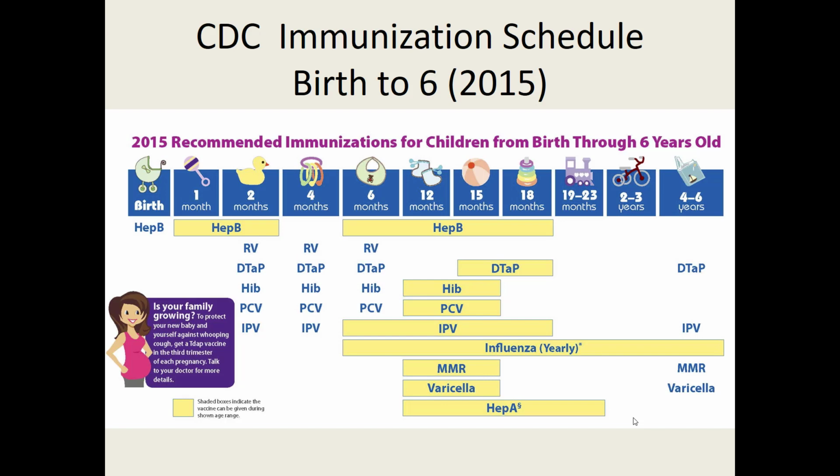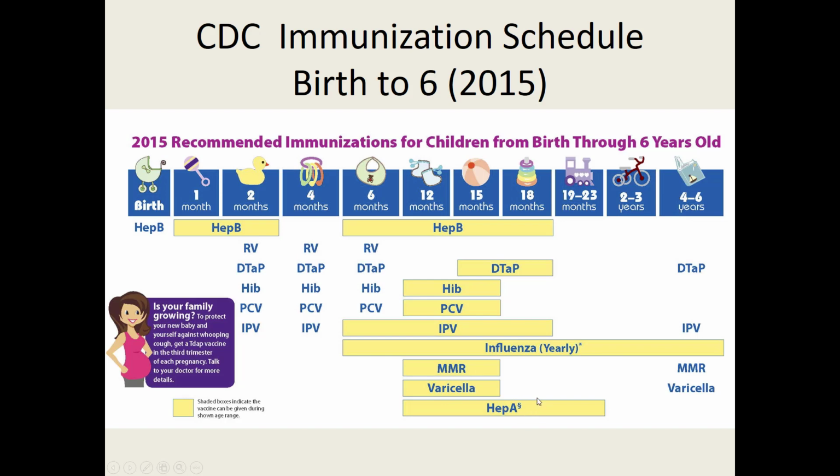At birth you start getting hepatitis B vaccines and then boosters. Rotavirus, the DTaP, the Haemophilus influenzae type B, the pneumococcal, the polio vaccine. Every year you'll start getting flu vaccines. You've got your MMRs, your Hep A, lots and lots of various types of shots, and lots of these have boosters that go along with it.